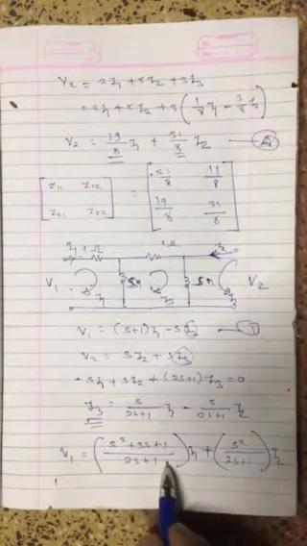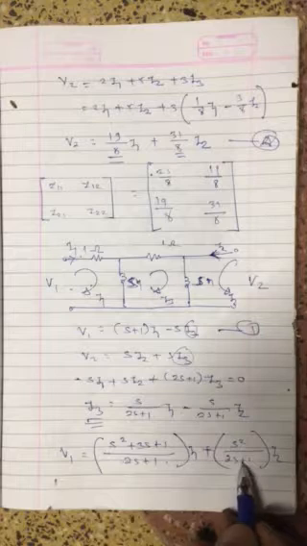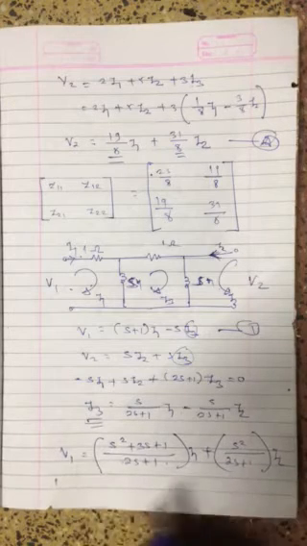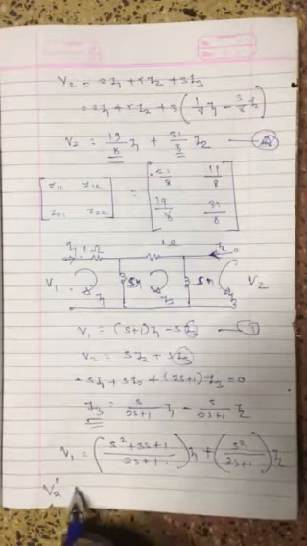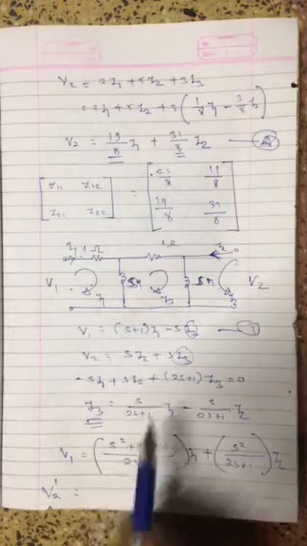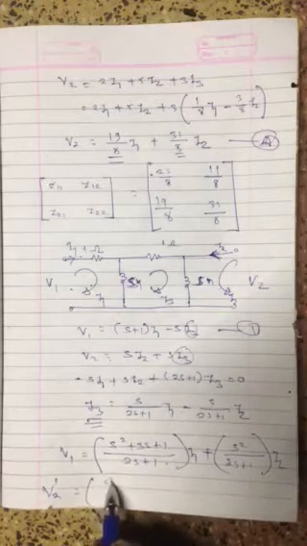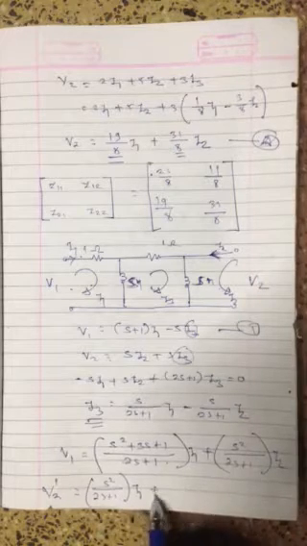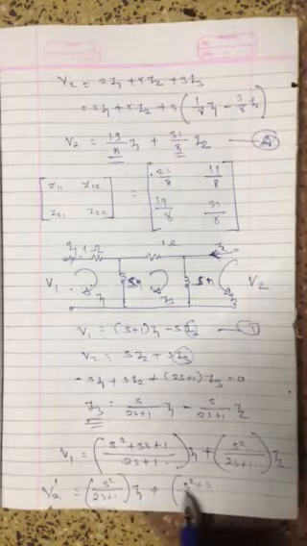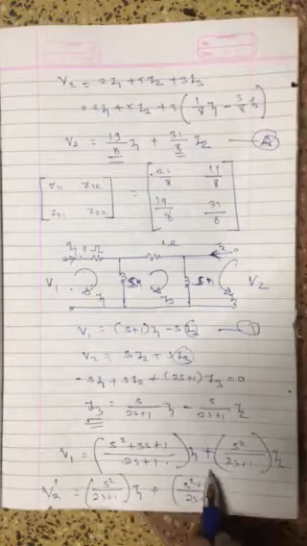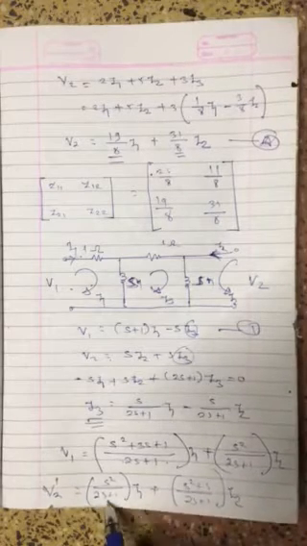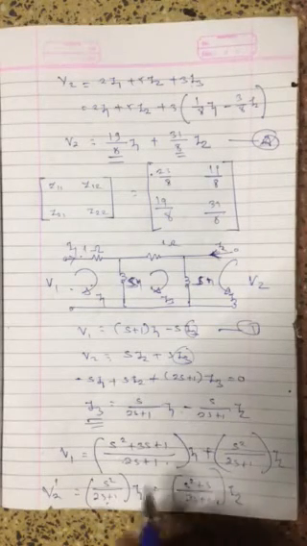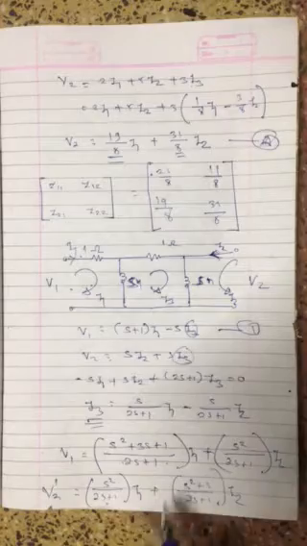So this is Z11, this is Z12, V1 in terms of I1, I2. Similarly, when you substitute in the V2 equation, you will get V2 equal to S square upon (2S plus 1) I1 plus (S square plus S) upon (2S plus 1) I2. So this is Z21, this is Z22. Again, you have to represent it in matrix form like this.